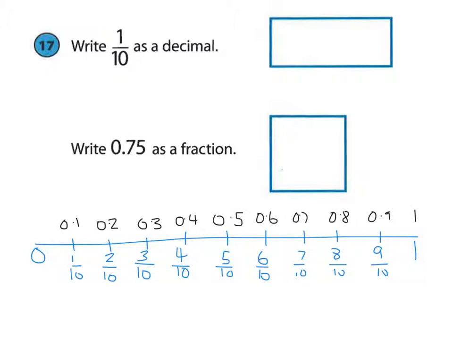So as you can see from our number line, if we were to write 1/10 as a decimal, we would write it as 0.1.